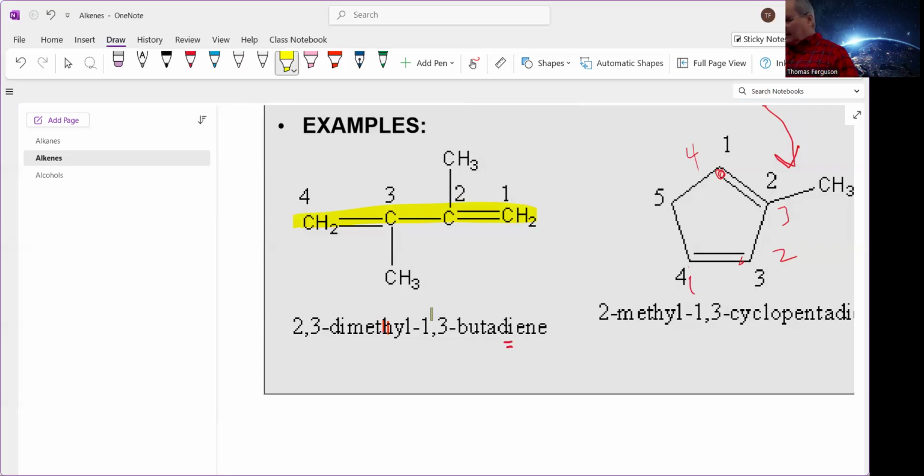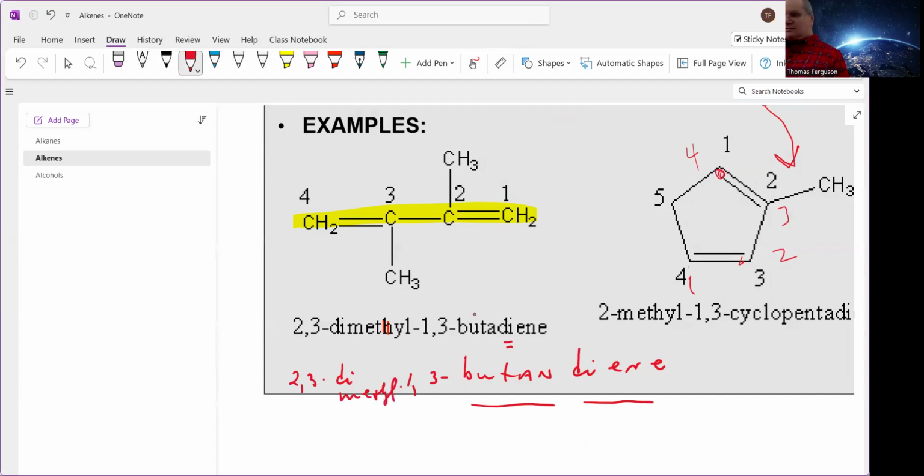So one is going to be a buta, and there are 2 double bonds, so we have to say diene. And where are those double bonds located? On carbons 1 and 3. And then we have 2 methyl groups at carbons 2 and 3. So it's 2,3-dimethyl 1,3-butadiene.